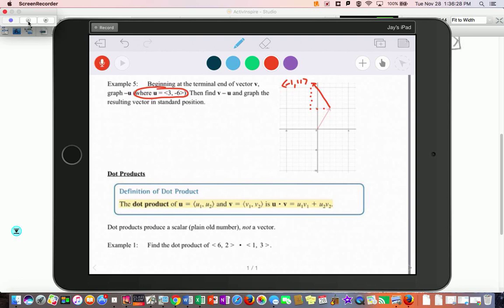Well, if I write this out, v is 2 comma 5 minus u, which is 3, negative 6. Let's see what happens. So I end up with 2 minus 3, 5 minus negative 6, negative 1, 11. So it worked out again. In those problems, we're doing the mathematics, but the visual is to make sure you have the right answer.